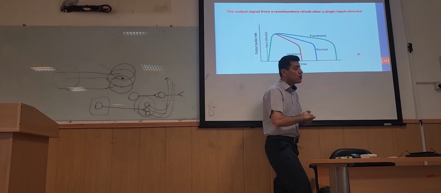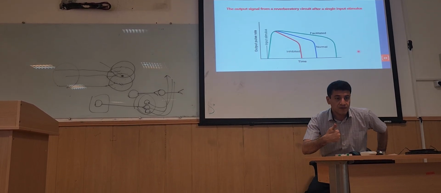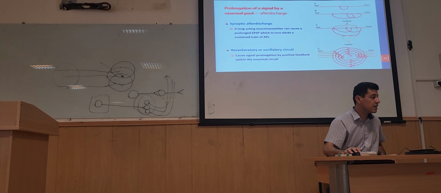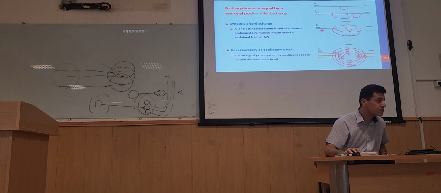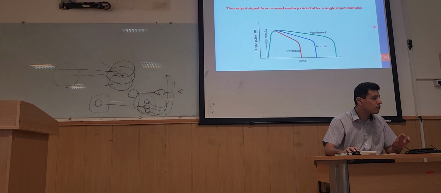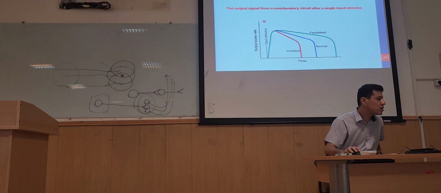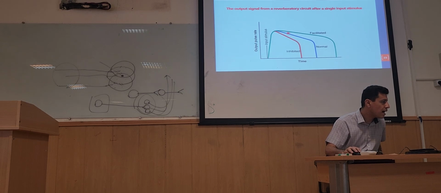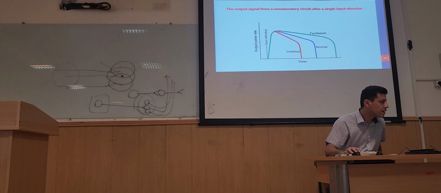Okay? So let's first see the fatigue of the signal. Imagine that we have a circuit like this one. Okay? An action potential in the input generates several action potentials in the output. But the action potential firing declines slowly. Then it stops suddenly.